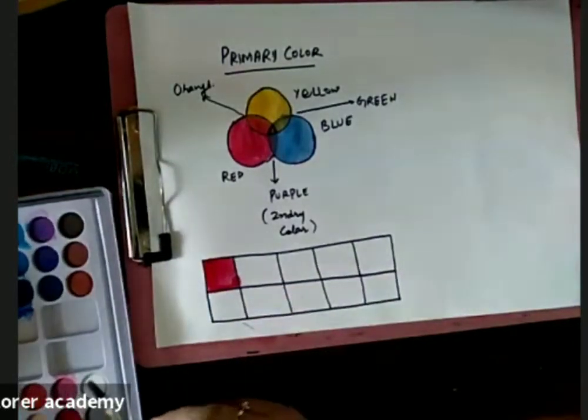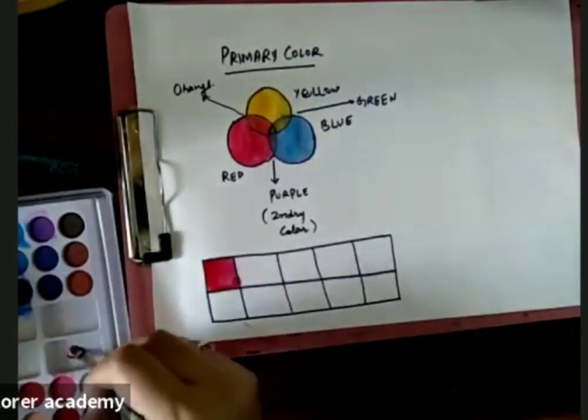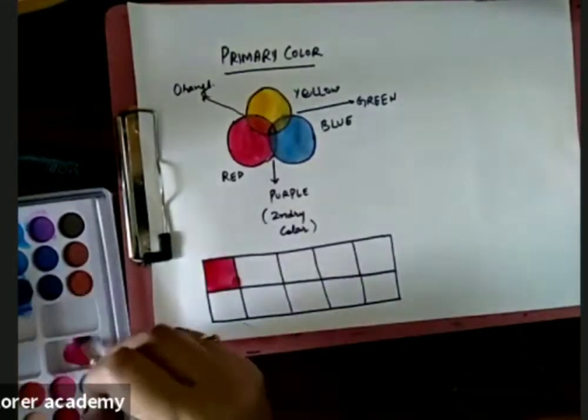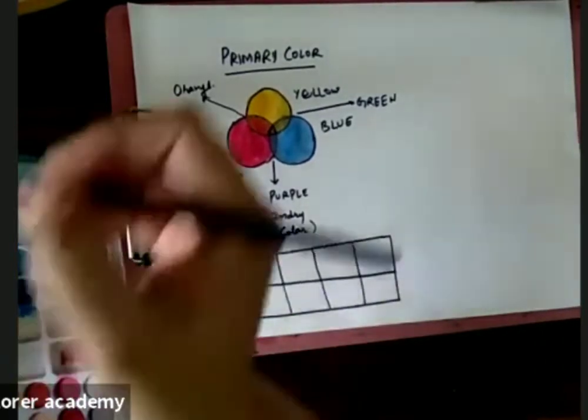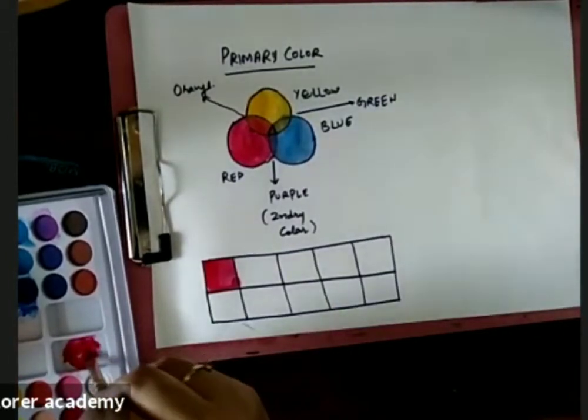So in the red, I will add white. So you can just make it separate. Just keep the red color separately. And so take a little red.